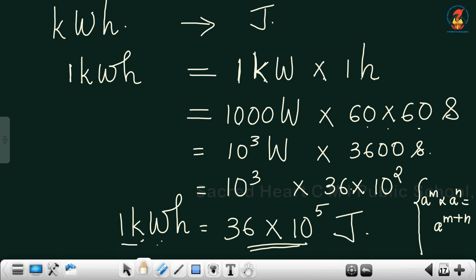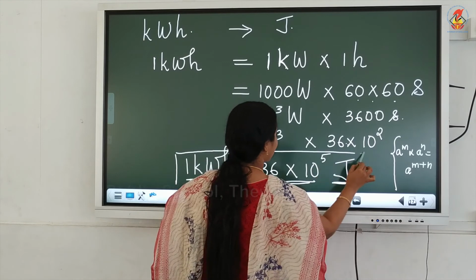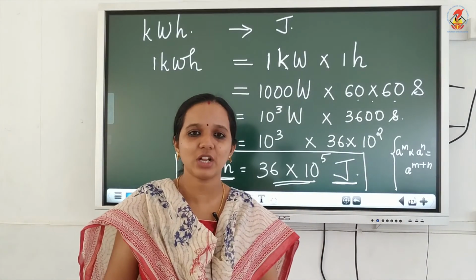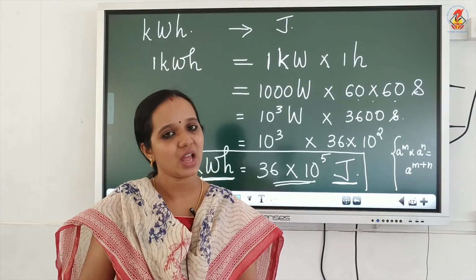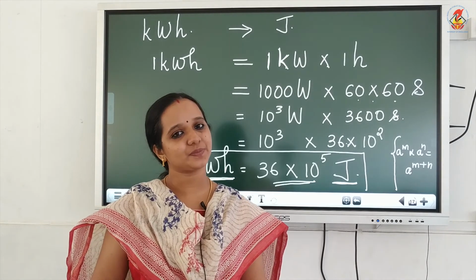We have converted commercial unit of energy into the SI unit. That is, 1 kilowatt hour is 36 into 10 raised to 5 joules. This is how we convert the commercial unit of energy into the SI unit of energy. Hope the conversion is clear.